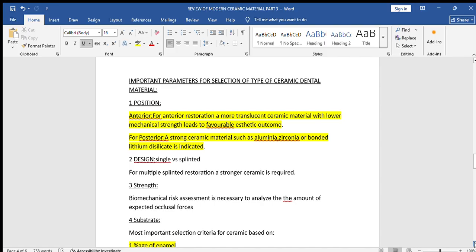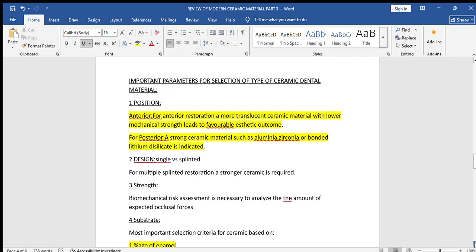It has lower mechanical strength. If in aesthetic areas there is lack of anterior guidance or any parafunctional habits, you have to note them down during history taking. If you find any occlusal interferences or any parafunctional habits, then you will contraindicate the use of feldspathic ceramics.